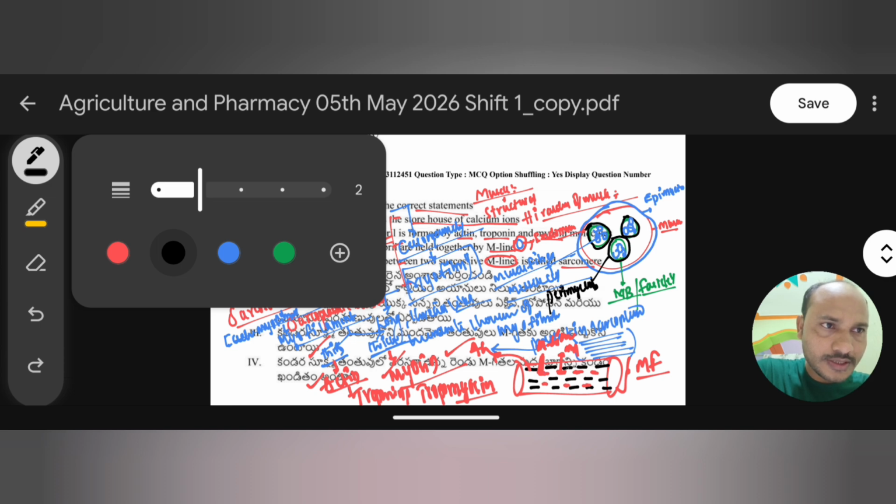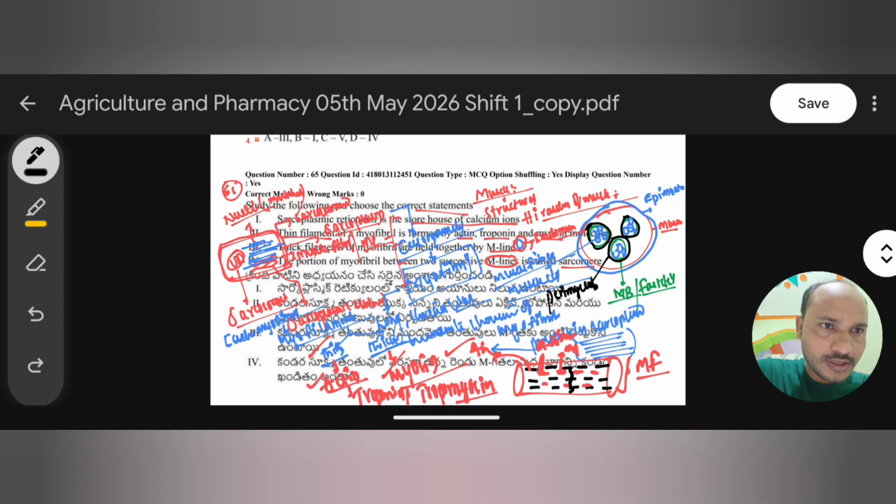Between two successive Z lines there is a gap, and this structure is called the sarcomere. This sarcomere is the structural and functional unit of the muscle.